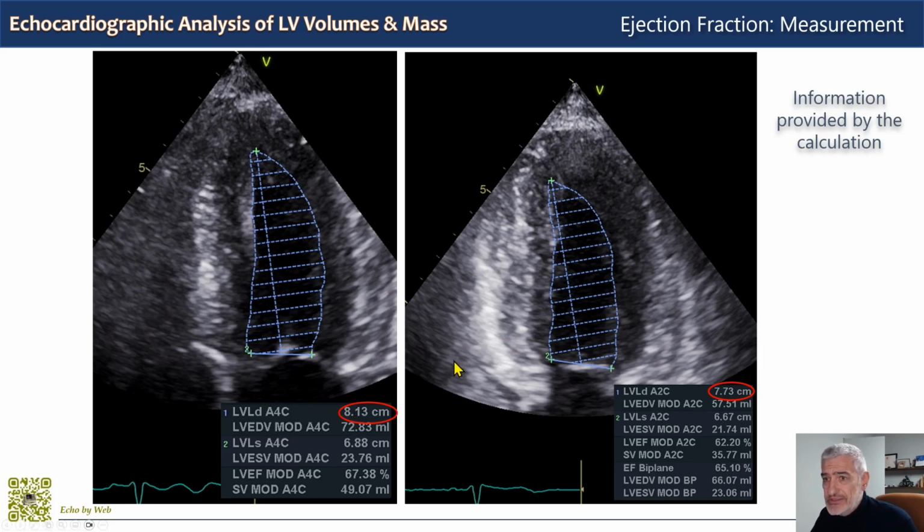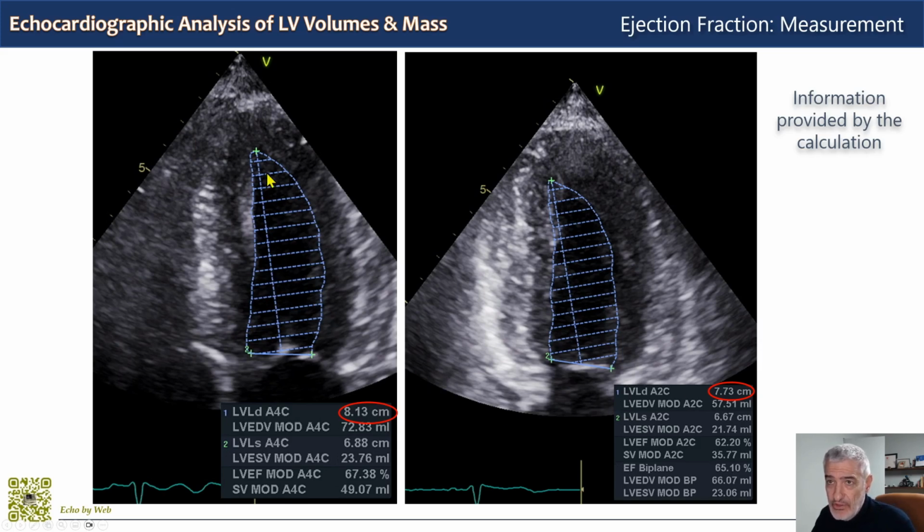You should always compare the end diastolic long axis obtained in a 4-chamber view with that obtained in a 2-chamber view, because there is always the possible pitfall of foreshortening the 4-chamber long axis end diastolic, which would impair your ejection fraction. The values should be within 5 millimeters, like here in this example.